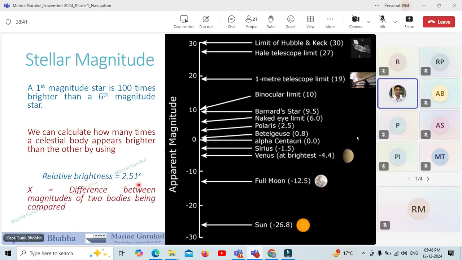Now, what is x in this formula? x is the difference between the magnitudes of the two bodies being compared. So, if you are given two celestial bodies with known stellar magnitudes, you can find the difference between their stellar magnitudes. 2.51 raised to the power of that difference gives you how many times a particular body is brighter than the other.